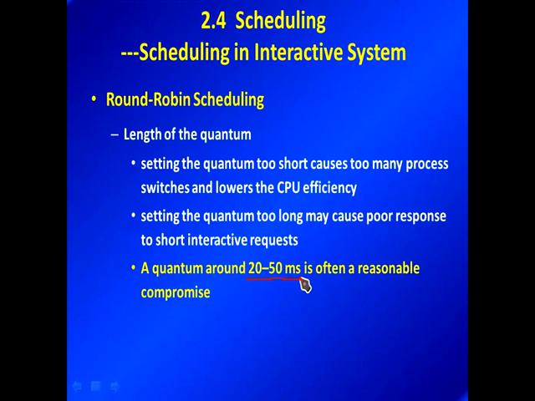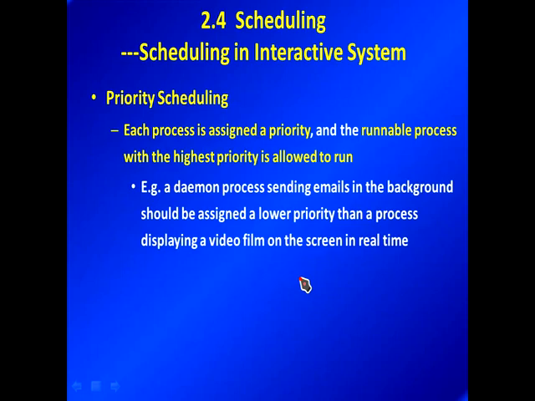So this is about round robin scheduling, and the last algorithm you need to master is priority scheduling. The basic idea for this algorithm is that every time the scheduler is running, it selects the highest priority process.